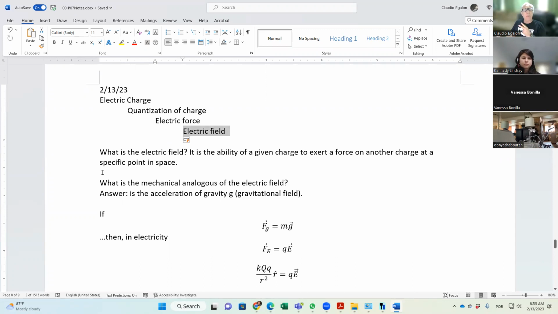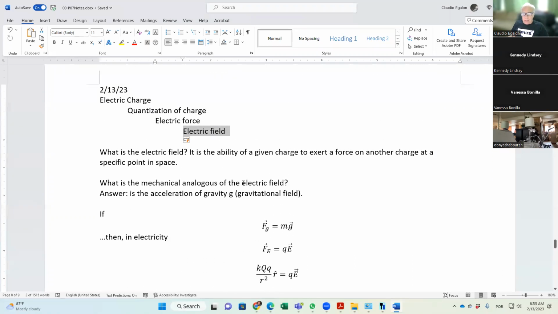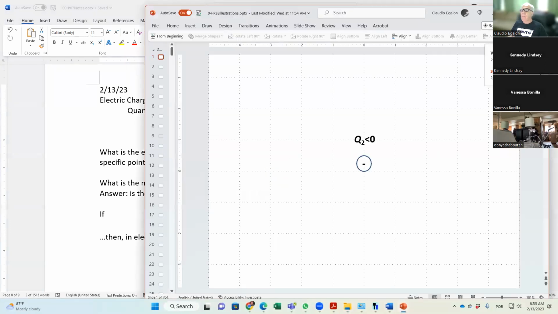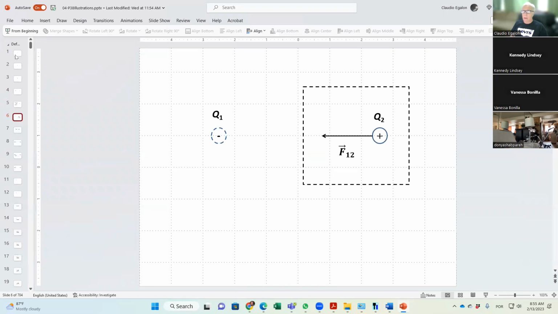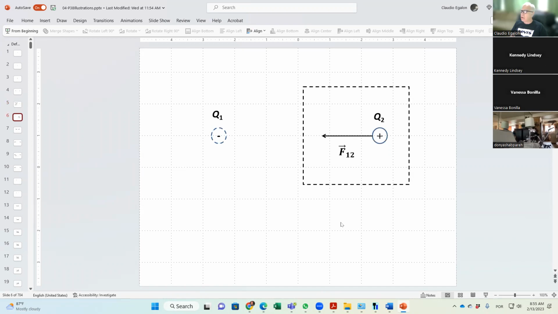But before we go into the electric field, let's do a little bit of an example so you can become familiar with the idea of electric force. Here you saw those illustrations showing the free body diagram, first in charge number 1, and then in charge number 2.